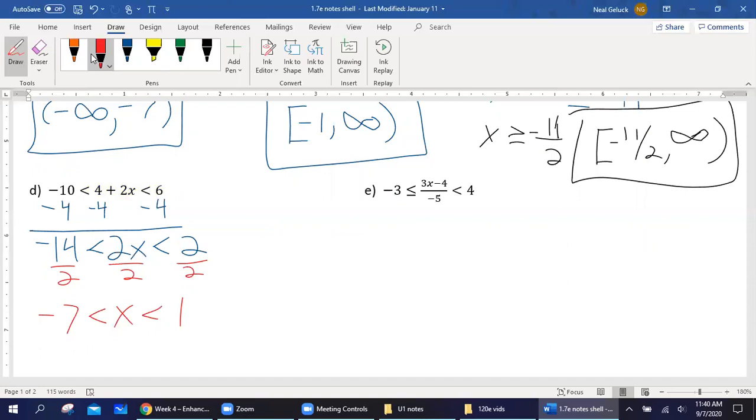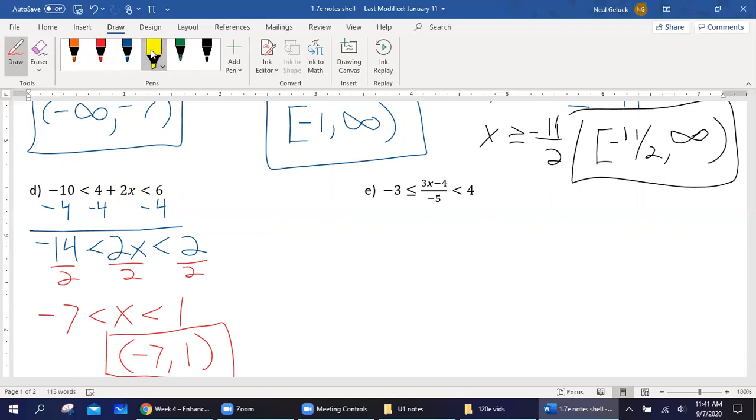And so in interval notation, this is everything between negative 7 and 1, parentheses because I'm not including those. Be careful, that looks an awful lot like the point negative 7, 1, like an xy. You just have to know within the context of the problem, we're talking about everything that's between the numbers negative 7 and 1, not the point negative 7, 1.